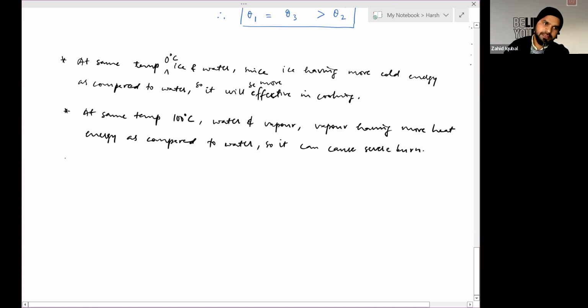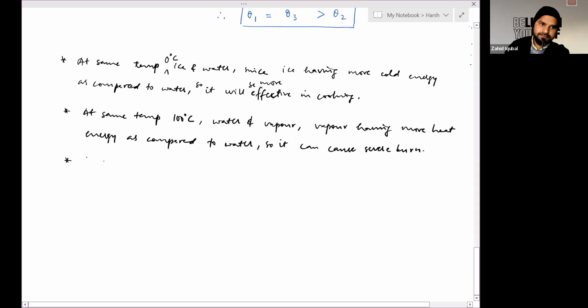And similarly, there will be a question why there is no change in temperature during change of state. So you'll say the amount of heat supplied during change of state is utilized in breaking down of bonds, so there will be no significant change in temperature.